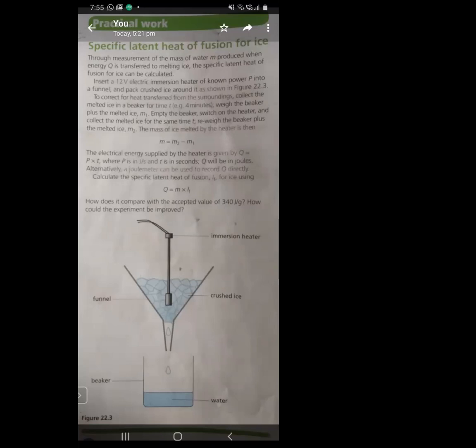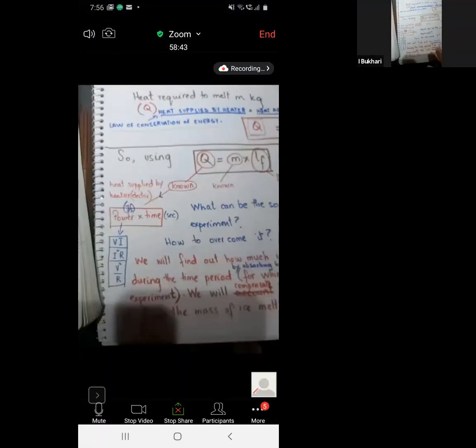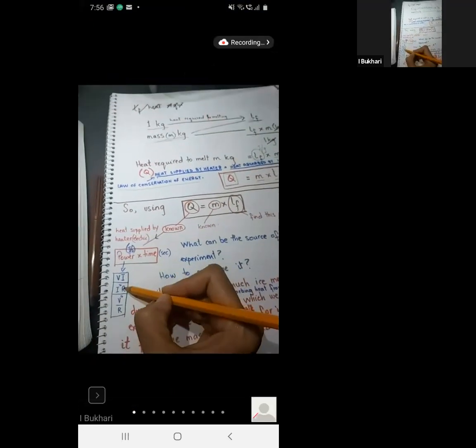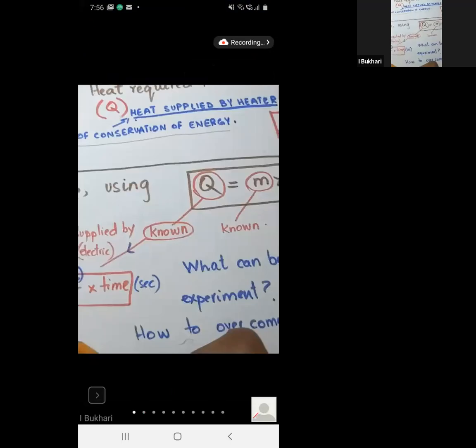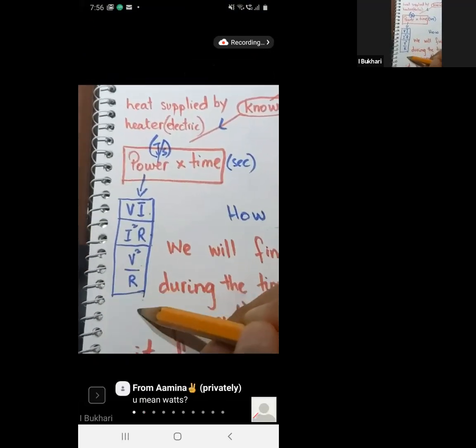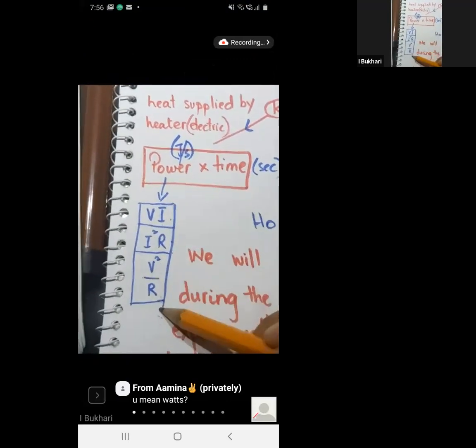If we do not know the power rating of the electric heater, then we have various formulae that we can use. These are the different formulae of power: VI, the product of V and I, I squared R, V squared over R. This we did in electric physics.